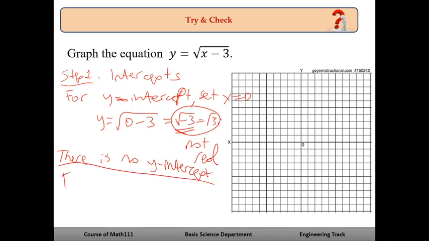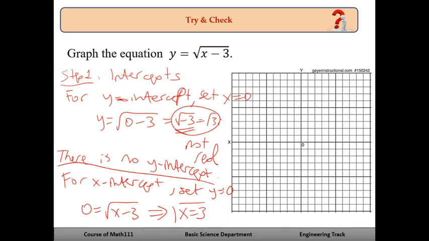Now for the x-intercept, set y equal to 0 and try to find the solution: 0 equal to square root of x minus 3, and then you can take the square of both sides. You will end up with x equal to 3. Be careful about fake solutions, but this doesn't make a fake solution.